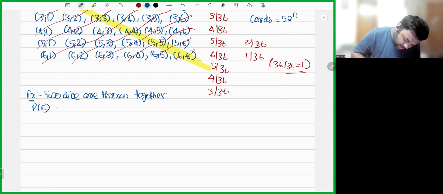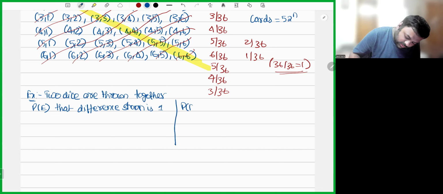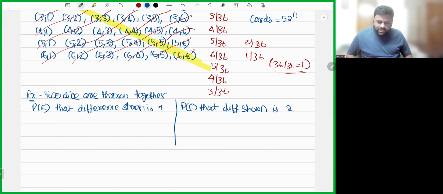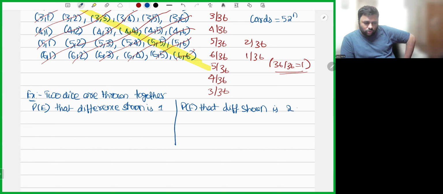Probability that difference shown is 1. Probability that difference shown is 2. That's the given question. 2 dice are thrown together. The probability that difference shown is 1. The probability that difference shown is 2.